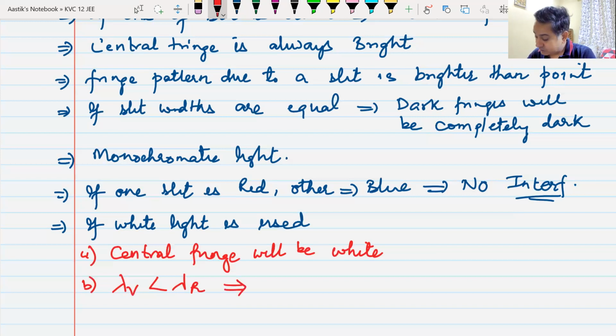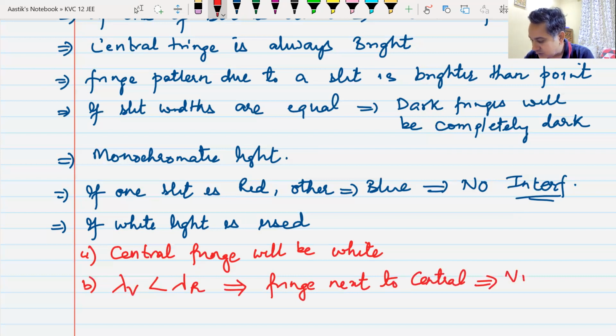Therefore, the fringe next to the central fringe would be violet. So basically, which fringe will come depends on its lambda.